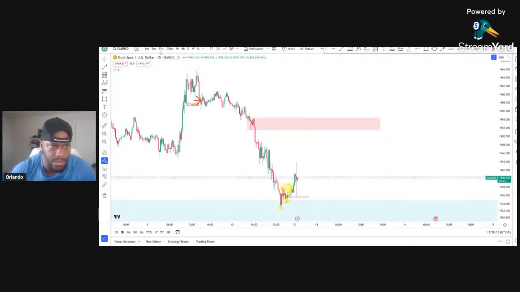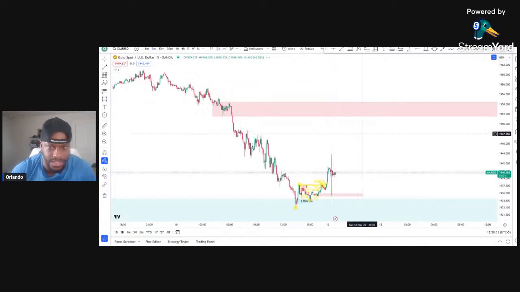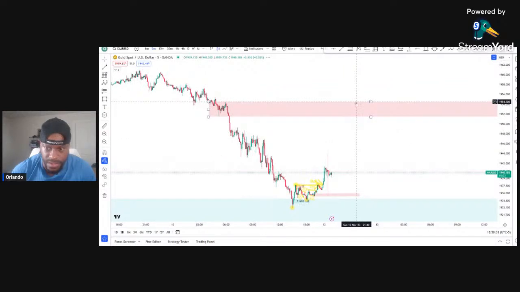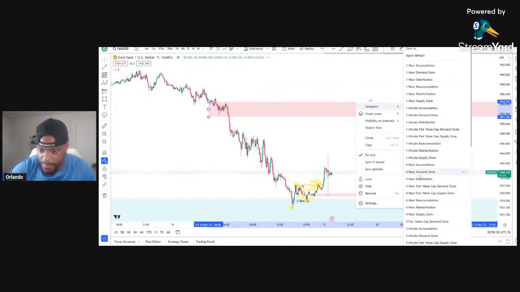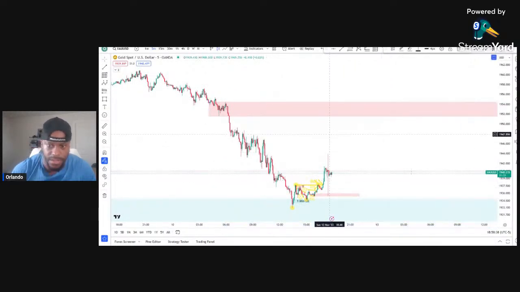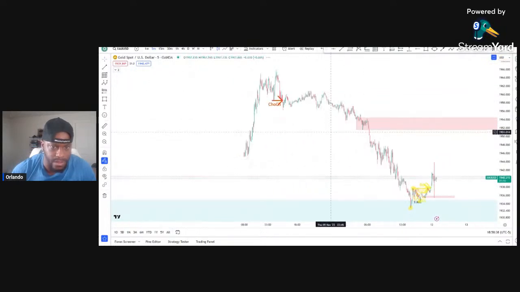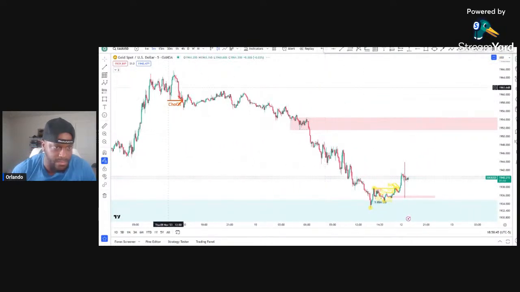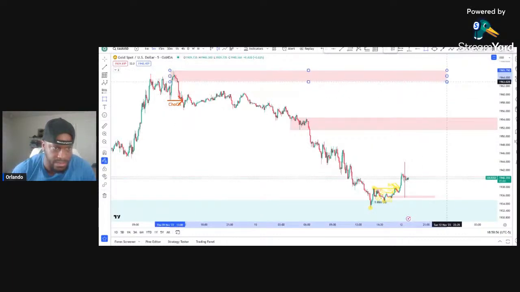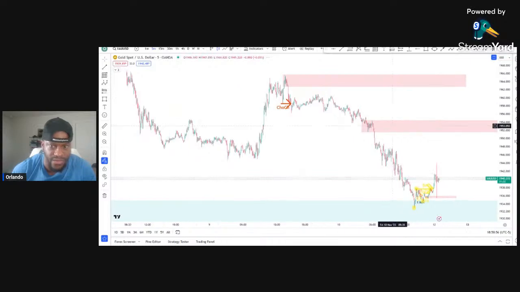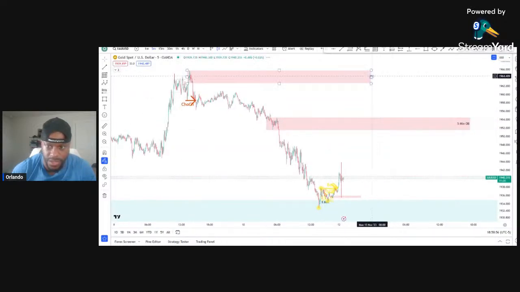So I'm going to go back to the 5-minute time frame and mark this as a 5-minute supply zone. We're attempting to ping pong and see where the market is going to react. This is a zone of interest because this is the supply zone that caused a change of character. So we have to mark that off as a future zone as well.